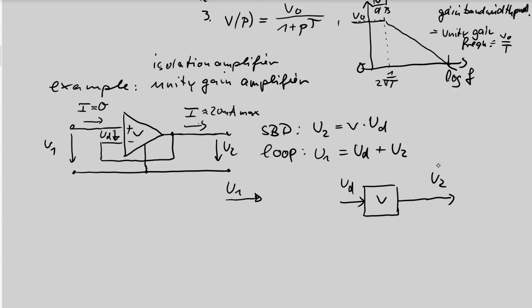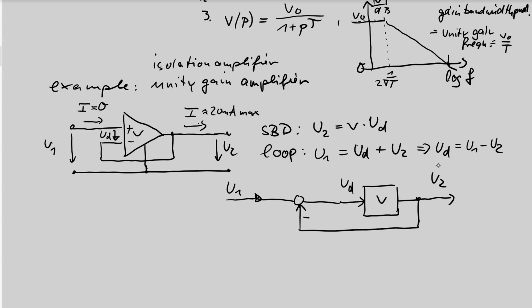And now we need an equation with UD as an output. This is very simple: UD is U1 minus U2. So we have a summing point. The output is UD, and the summing point has two inputs, U1 and U2. U1 is here, U2 is here, and the only thing we have to add is a minus sign for this part.